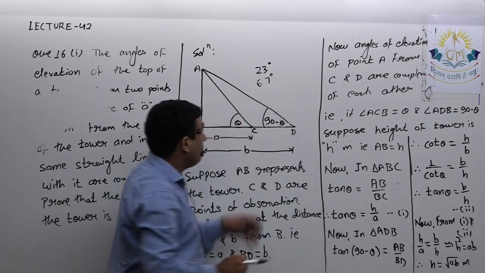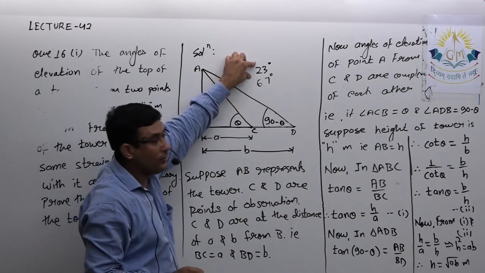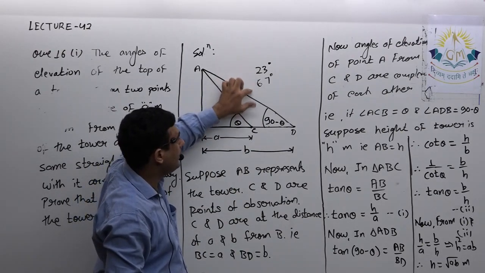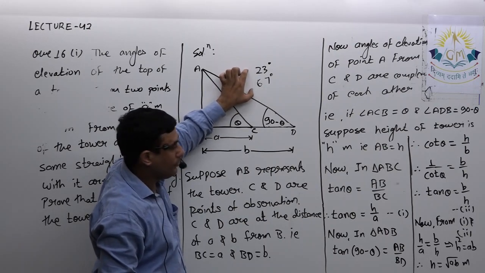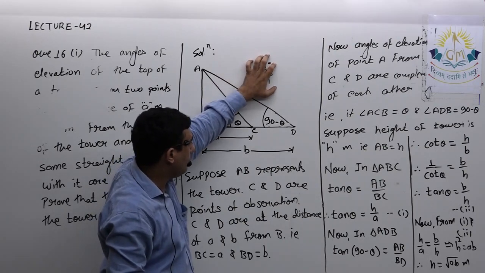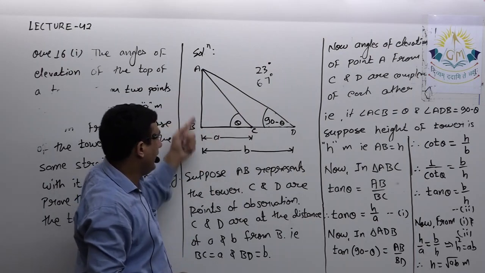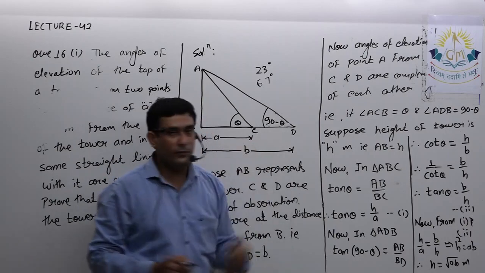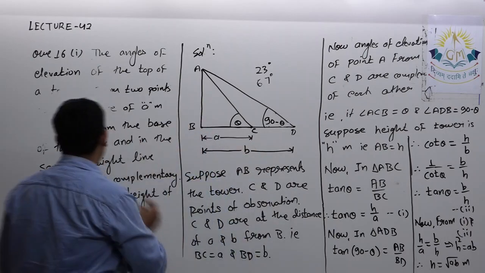Then you may get confused that we neither know the value of tan 23, nor the value of tan 67, but these values, if you see, are complements of each other. As the angles are complements of each other, definitely the height of the tower will be the product of the distances of those points from the foot of the tower.